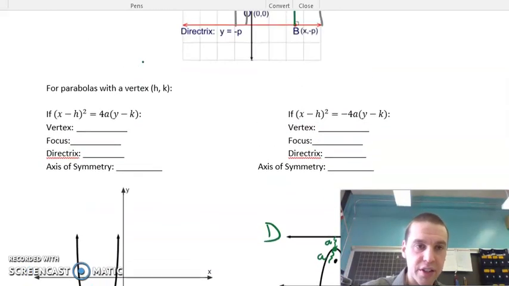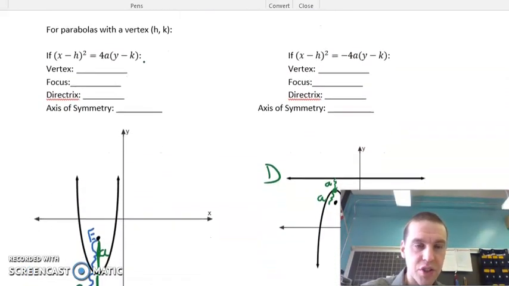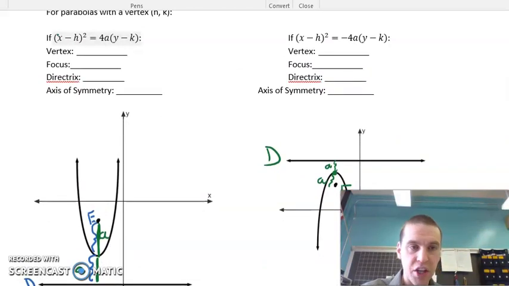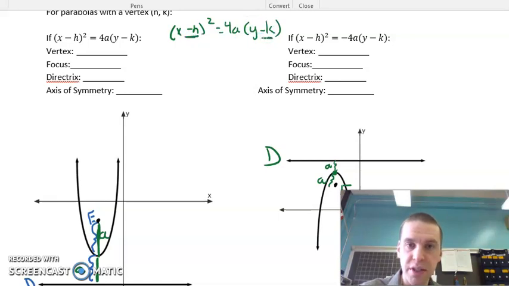Okay, so we have the equation (x minus h) all squared equals 4 times a times (y minus k). The vertex, just like it would be in any other form, is inside of those parentheses. Because it's on the inside, it's always the opposite sign, so your vertex is (h, k).